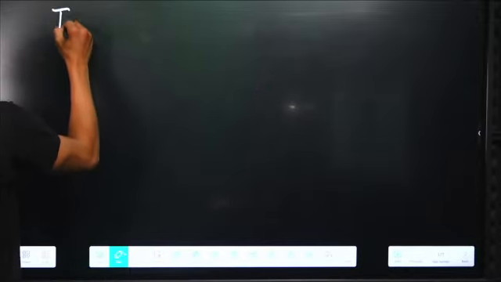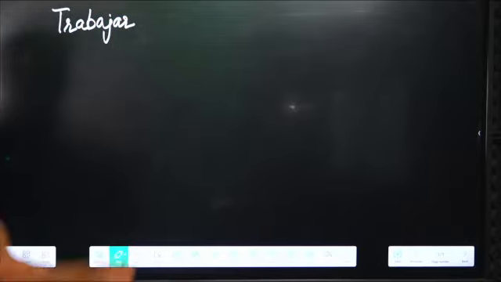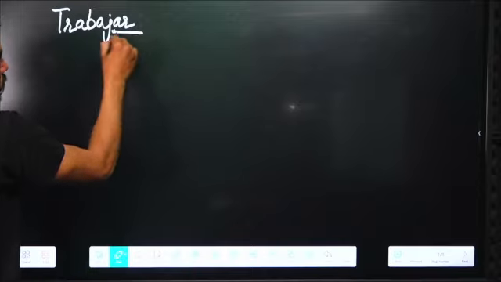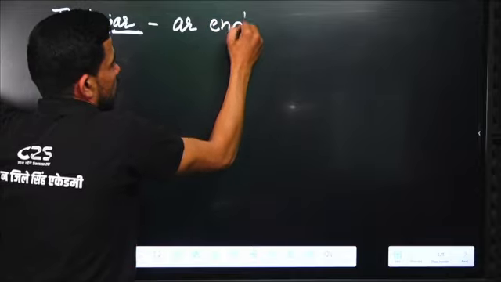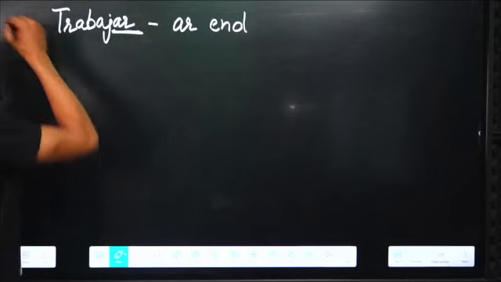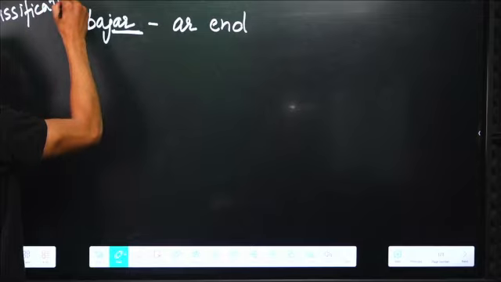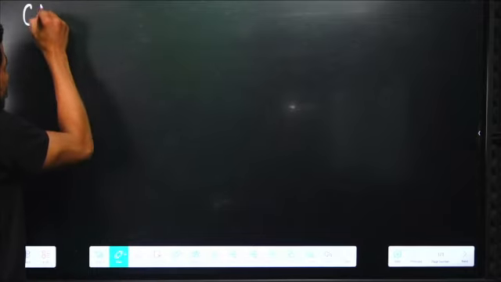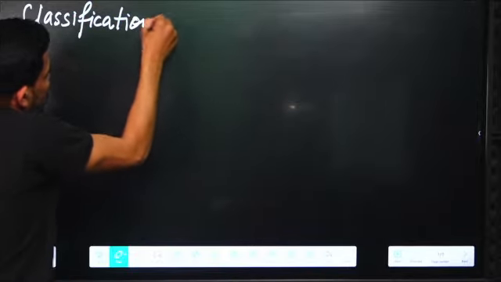For example, some basic usual verbs are trabajar. First we need to see it ends with AR, so it is an AR ending verb. Types we did: two types, regular and irregular. Now we can do the classification of the verbs.